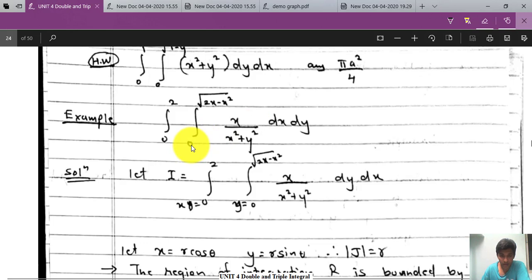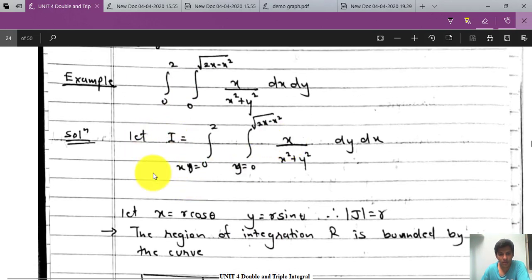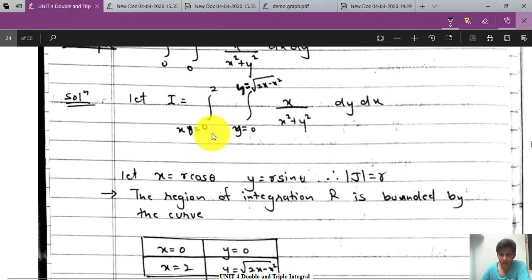And the given limiting values are 0 to square root of 2x minus x square for y, and 0 to 2 for x. Let me rewrite it again, dx dy. So y goes from 0 to square root of 2x minus x square, and x goes from 0 to 2. I need to transform this, that is, change the variable in terms of polar coordinates.